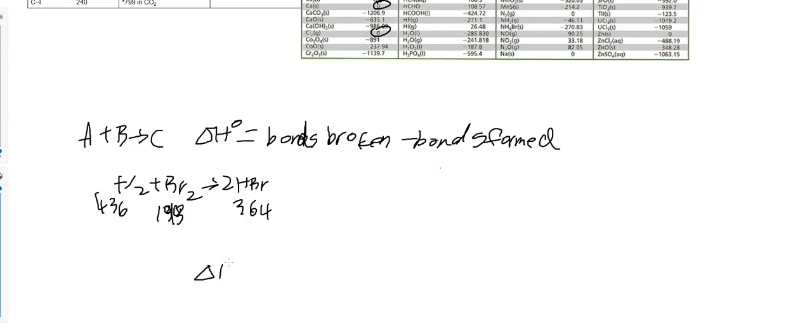So, we say delta H naught is equal to bonds broken, 436 plus 193, minus bonds formed, minus 2 times 364. Now this is equal to, I'm going to do this on my own calculator, negative 99 kilojoules per mole.